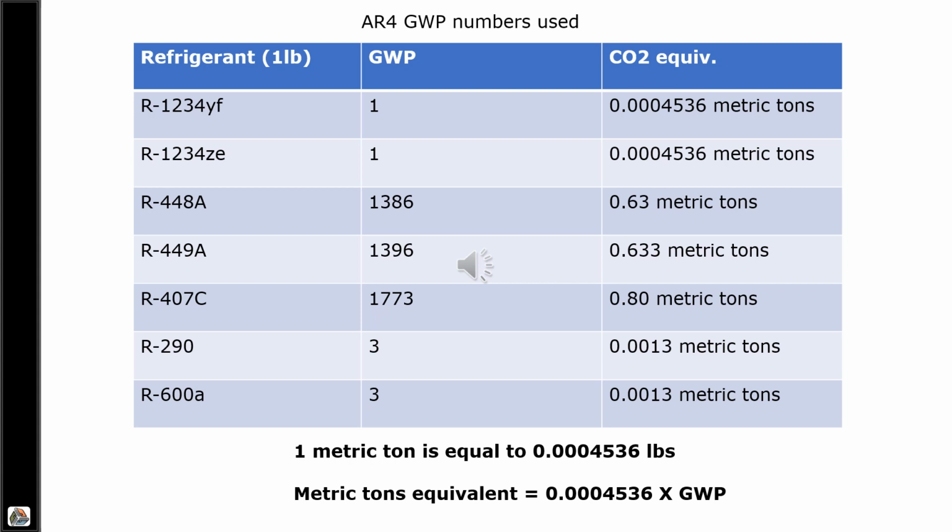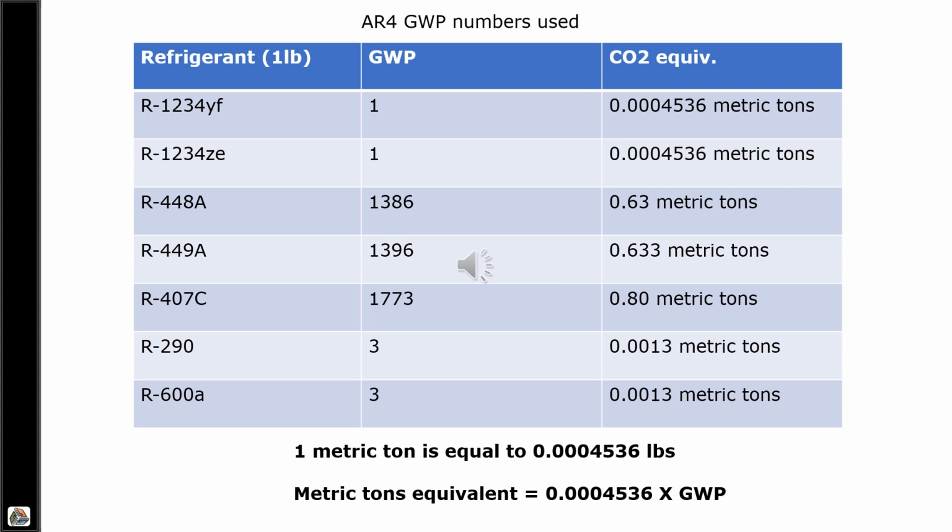Moving forward in our table, we'll start with two refrigerants that are very similar, R1234YF and R1234ZE. Both of these refrigerants have extremely low GWP numbers of 1, and so they would be equivalent to 0.0004536 metric tons of CO2.